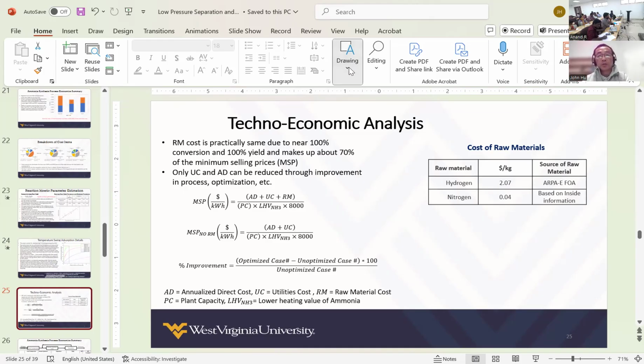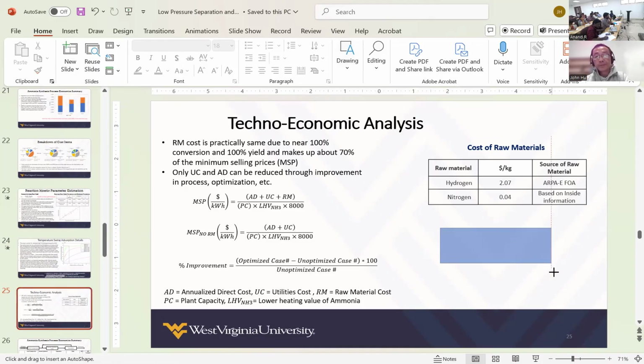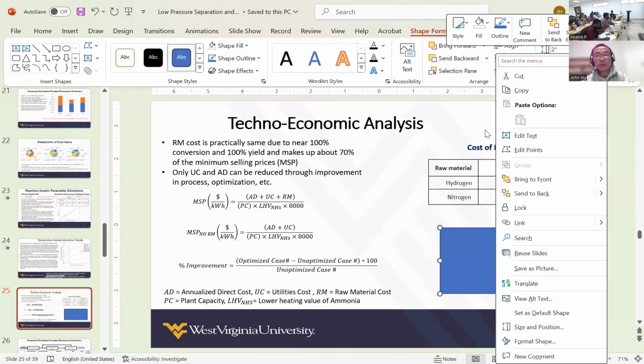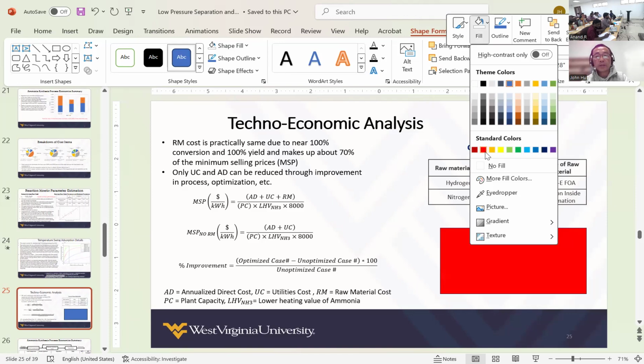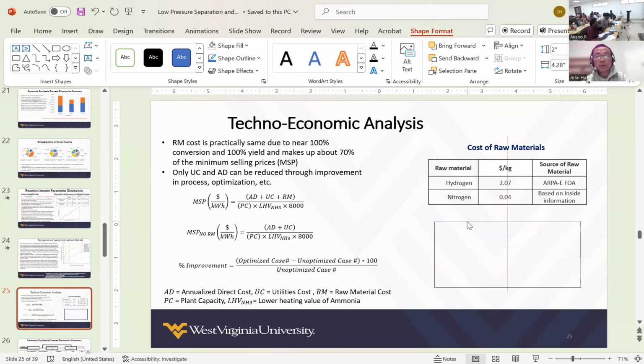So let me just show you. I want to make sense when you do the engineering economic analysis. I want to show you the practice when you determine how you build the capital and operating costs.